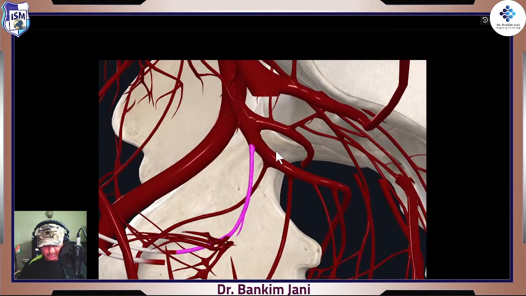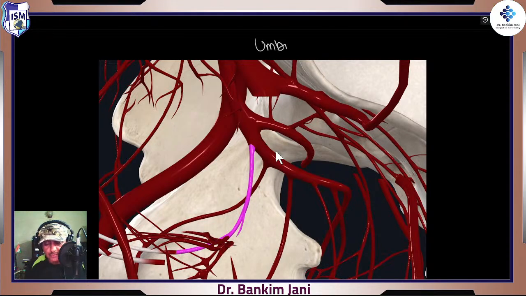See, same image, but just one is highlighted, and this is the umbilical artery, right? Because when we trace this, all highlighted. I have highlighted only one artery per image to make things easier.